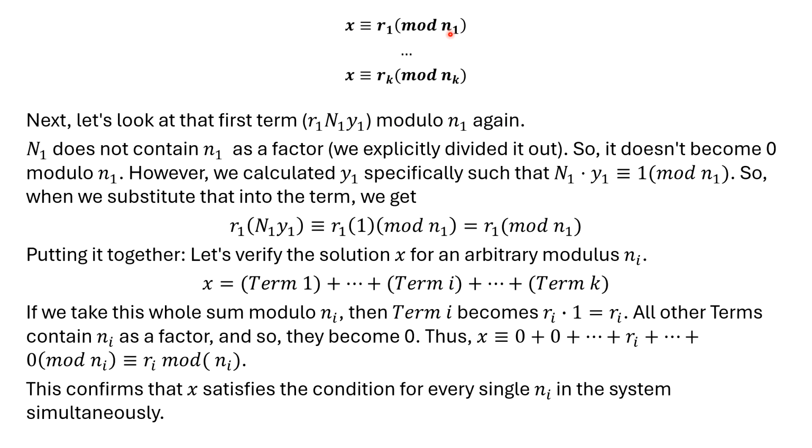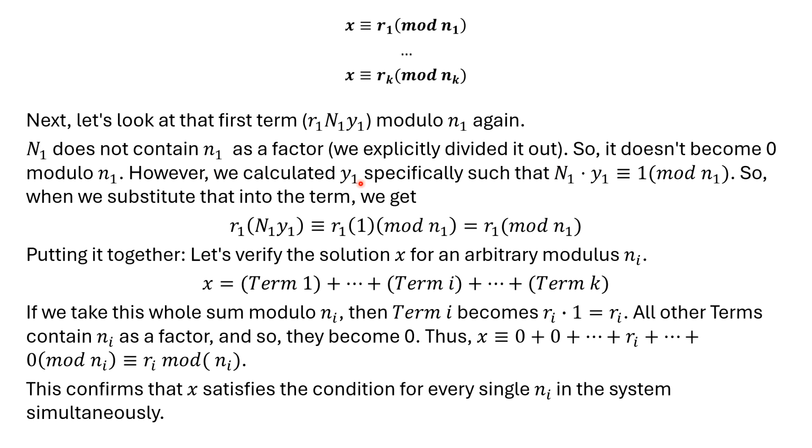Okay, so let's continue looking at this first equation here. We determined that in the summation, all the terms with i not equal to 1 are 0 modulo n sub 1, but we didn't look at the first term, which is this here, r1, N1, y1. We want to take that modulo little n sub 1. Now capital N sub 1 doesn't contain little n sub 1 since we factored it out. That's how we define capital N sub 1. So we need to look at the other term.